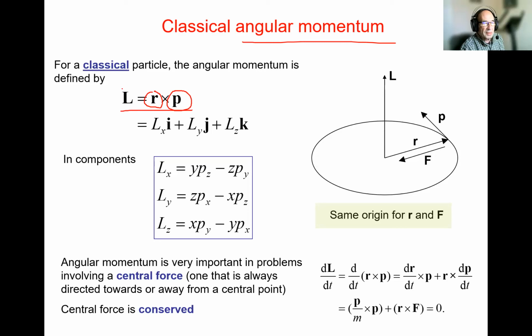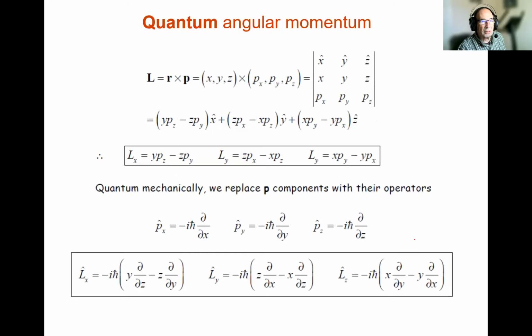And so you can see that this angular momentum is a vector which has these unit vectors i, j, and k. As a vector, it is represented by these three components, right? So it has x, y, and z components in Cartesian coordinates. Now, if we move to quantum mechanics, what we need to do is to substitute these variables, i.e. position and momenta, by operators.